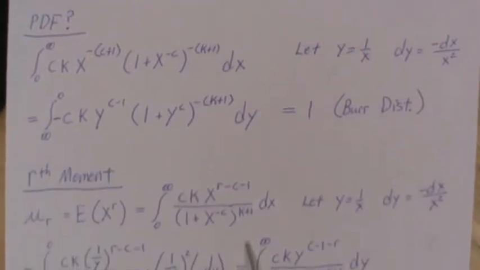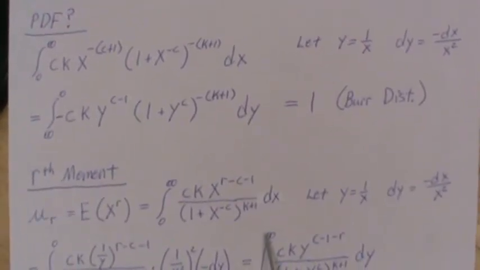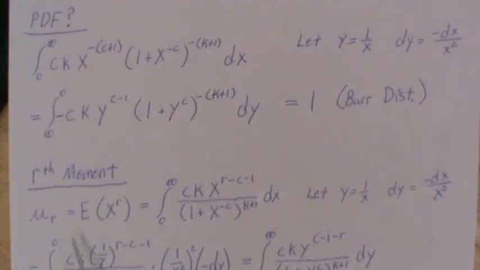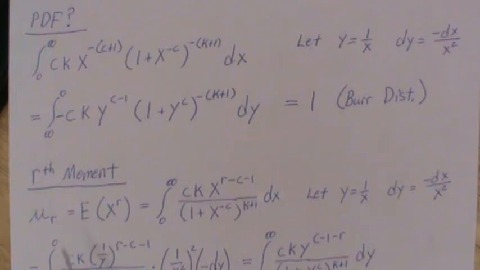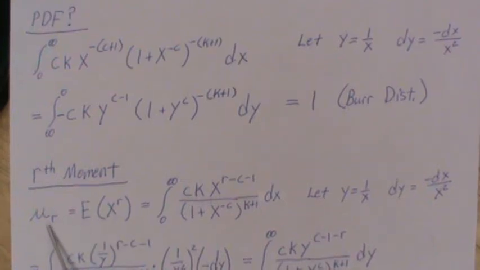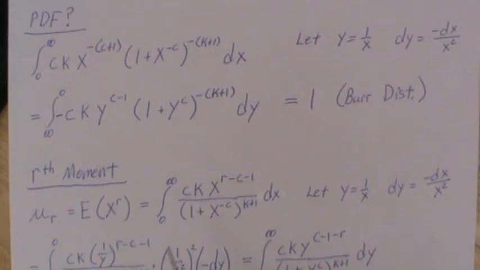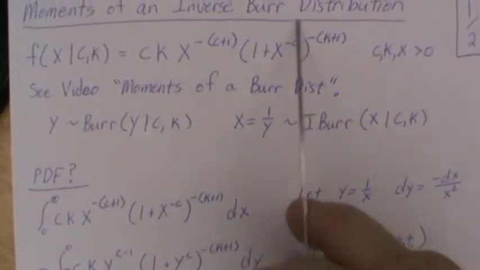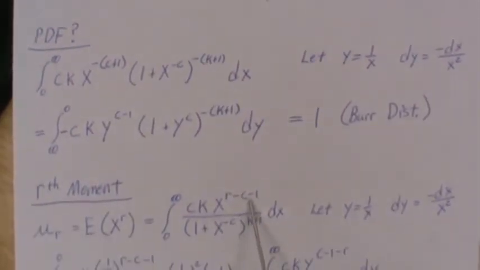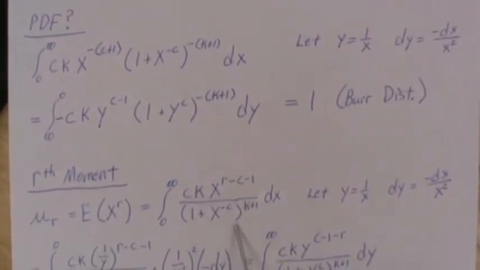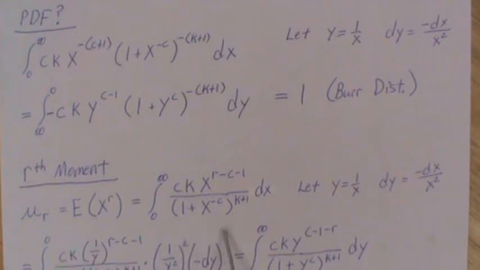Now let's find the rth moment. This can be used for the mean, the second moment, the third, etc. So this is a very general result. The rth moment is the expected value of x to the r, and this x to the r is added into this. So the minus c minus 1 is what this is, and then the rest of it is just the inverse Burr distribution.